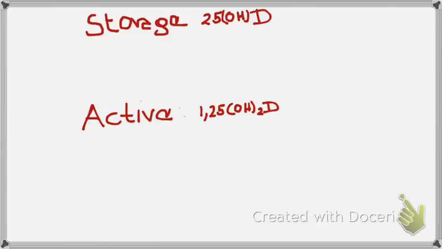Okay, so we have the storage form of vitamin D and the active form of vitamin D. Usually the storage form of vitamin D is going to be more than 50 nanomoles per liter to be considered satisfactory.